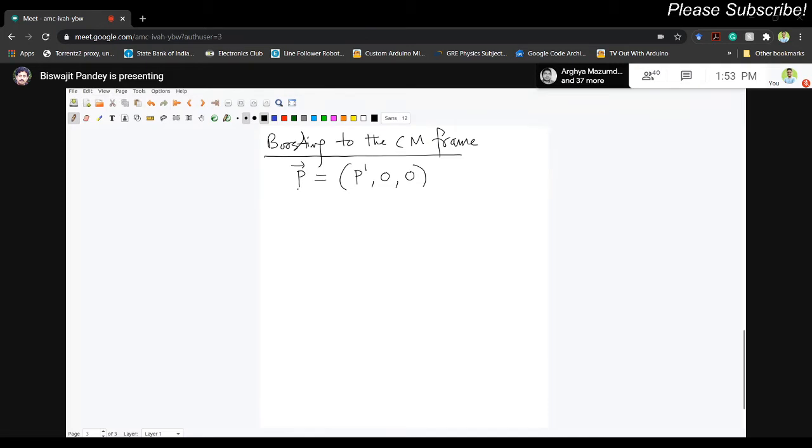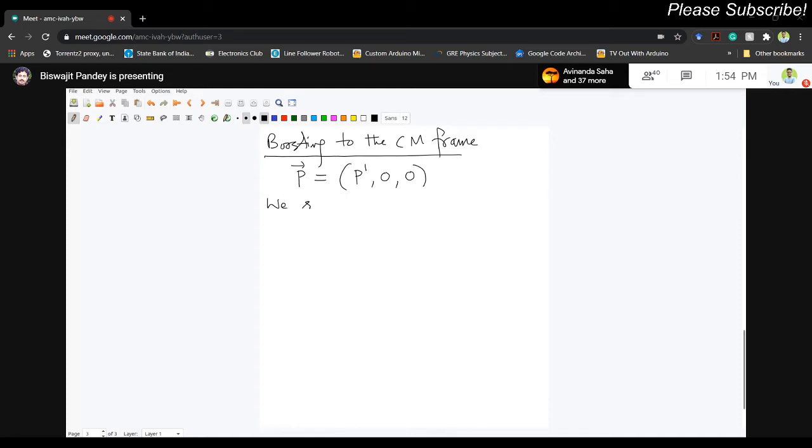So in order to make the spatial momentum 0, I have to boost my system to another frame, and I shall call that frame the center of momentum frame, right? So we apply a Lorentz boost. What is the requirement?